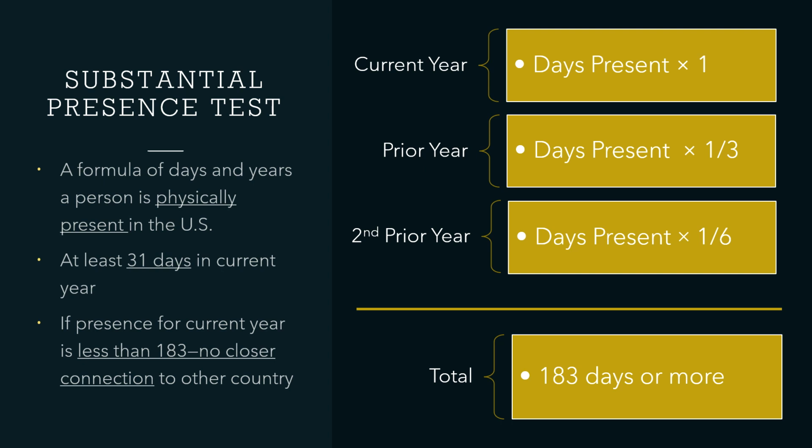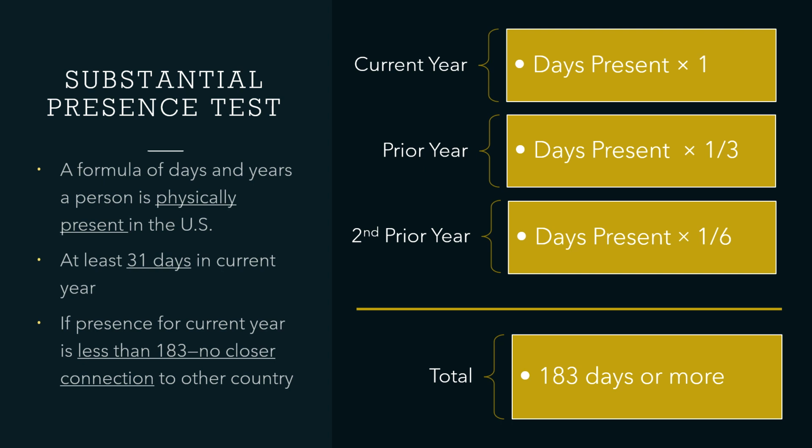Moving back to the prior year, those days don't get quite the same amount of weight. So we multiply those days present by 1/3. Then we go back to 1 year prior to that, so our second prior year. Those days are weighted even less, and so we multiply those days present by 1/6.